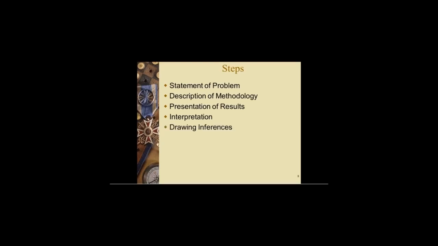And then followed by drawing inferences. Inferences are what is there on your mind as you read through these numbers in the tables. When the hypothesis is accepted or rejected, what does that mean to you? What could be the reasons for the status of the hypothesis, on its rejection or acceptance? What do you mean by them?